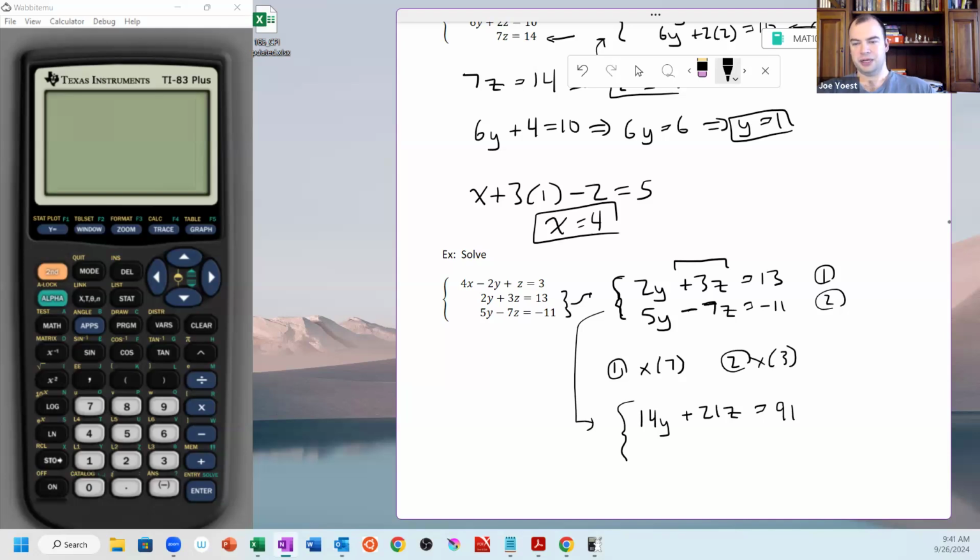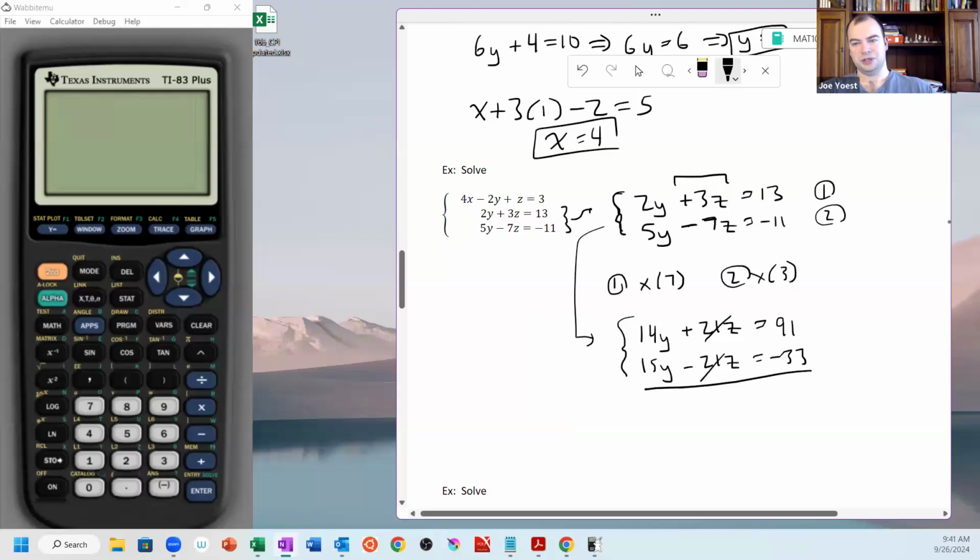And equation 2 multiplied by 3 is 15y - 21z, and negative 11 times 3 is negative 33. Now when I add these together, I see that my 21z's go away. I have 29y and 91 minus 33. That's what? 61 minus 3. That's 58.